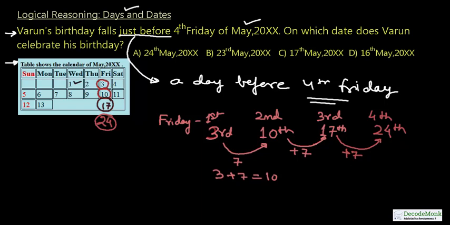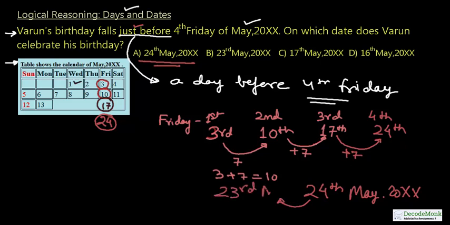Now 24th is the 4th Friday, so you may be tempted to answer this question, 24th May 20XX, but the question asks: birthday falls just before 4th Friday. So just before 4th Friday will be, let us see, 24th May 20XX. The day before 24th May is 23rd May 20XX.